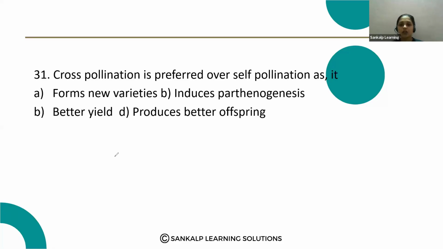That is why cross pollination is preferred, because it forms new varieties. Does it induce parthenogenesis? No. Better yield in cross pollination is one character, and it produces better offspring in some cases, but the correct answer is forms new varieties. Option A is the correct answer.